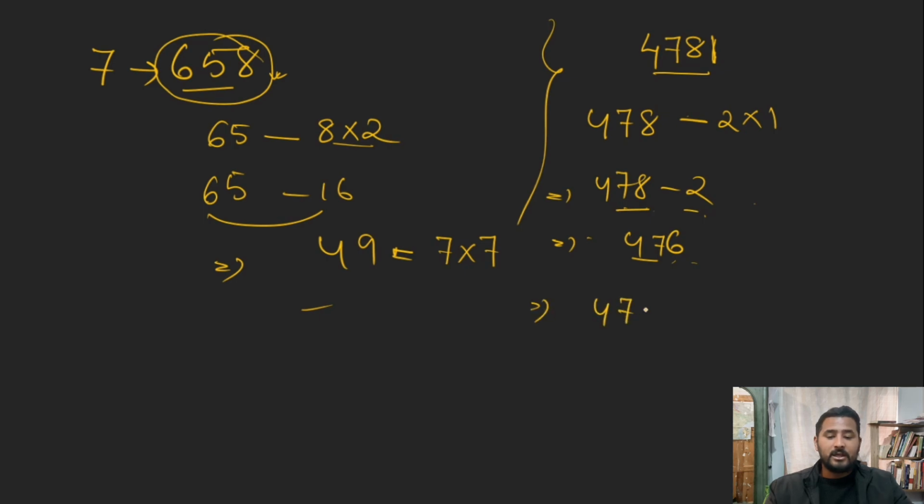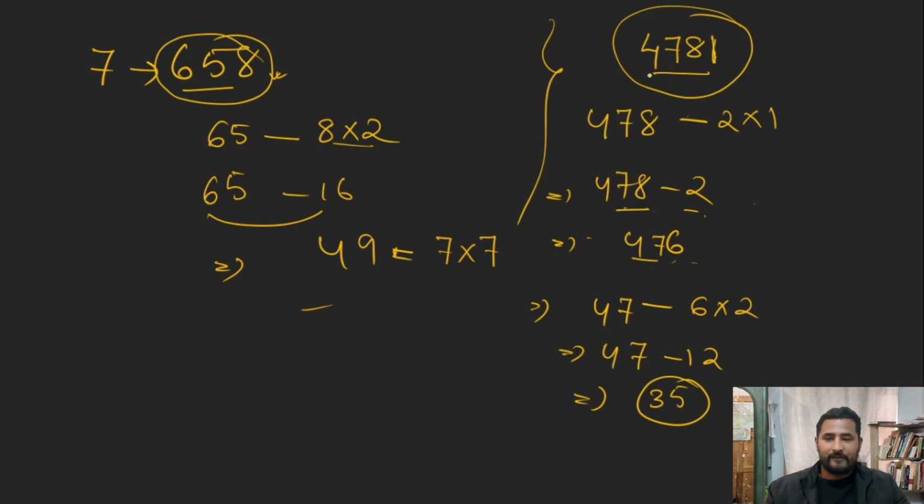Then 47 minus 6 into 2. Clear? Then you will get 47 minus 12, and if you subtract, you get 35. Since 35 is a multiple of 7, this whole number is divisible by 7. I hope it is clear.